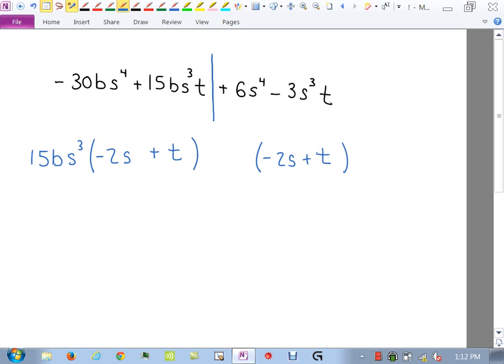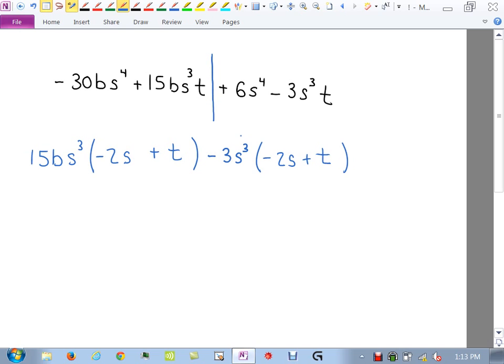How do you turn -2 into +6? -3. Okay, how do you turn S into S to the 4th? S cubed. And that's it, right? That should turn the -2s into this. Does it turn the other one into what we need it to be? -3s cubed times +t gives me -3s cubed t.